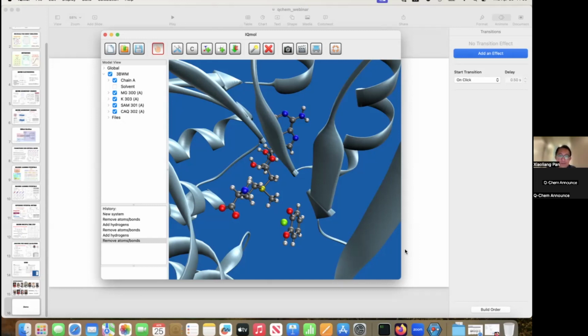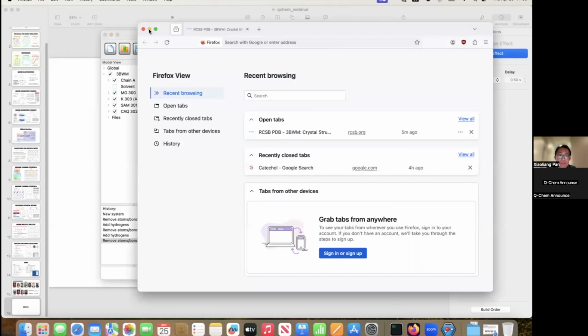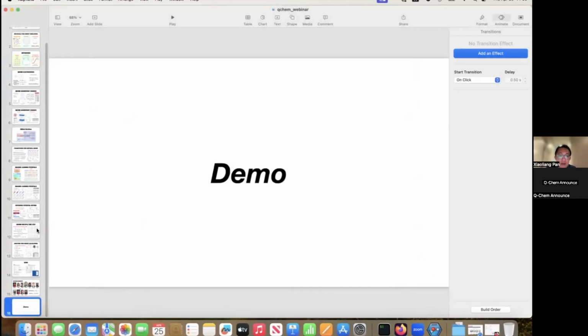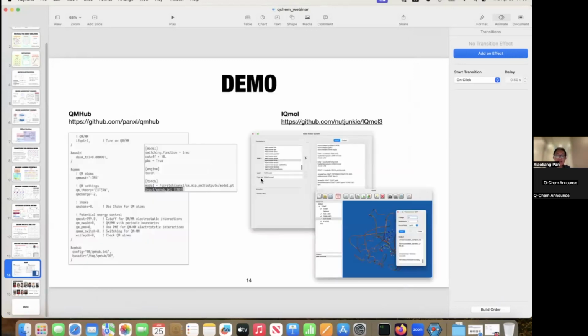Kuan Yu has asked where he can download this version of IQmol, and does he need to download QMHub? Right now, these IQmol versions are separate, there's no overlap between the two.